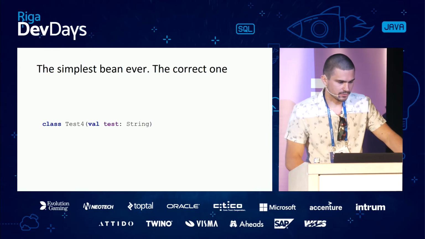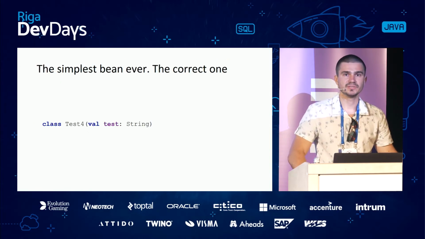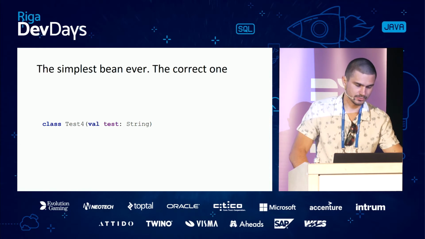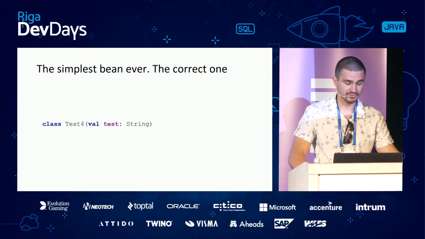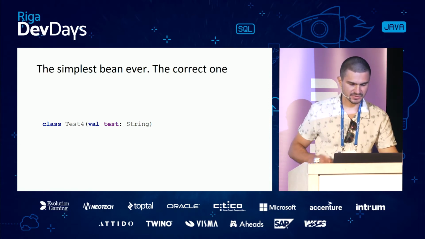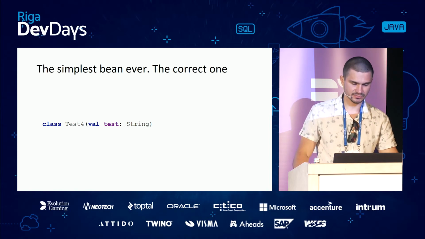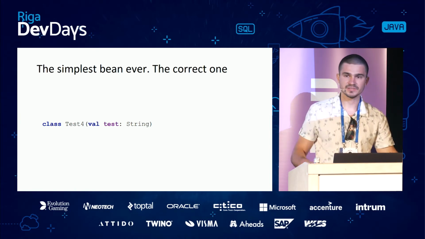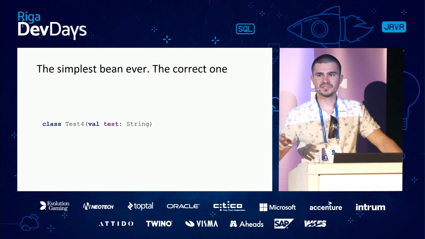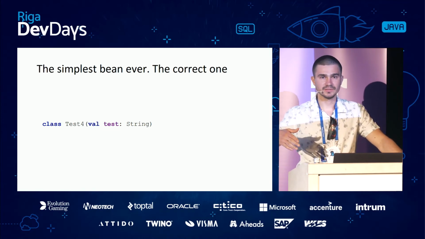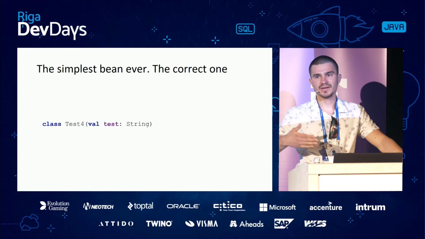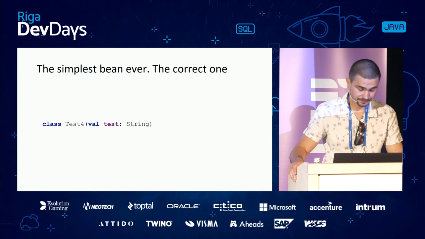Let's go next. We can define classes in Kotlin in a very fast and interesting way. Here is the simplest declaration. We have a class with only one field, which is test of type string, and it's a val value. Here is the difference between val and var: val is final, var can be changed.